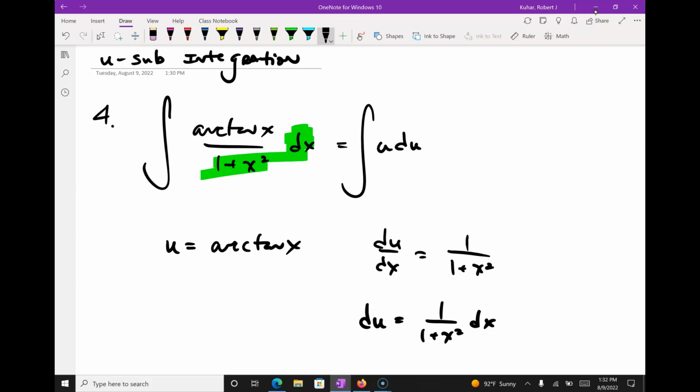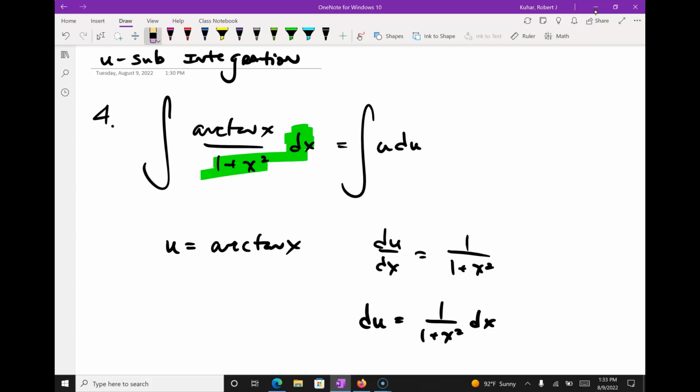Don't force things. Let things happen. You're going to have a checklist. Do you see that I'm doing d dx of both sides? We did this yesterday.